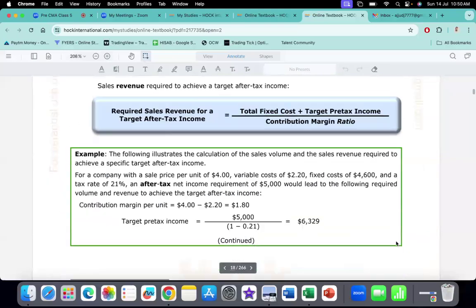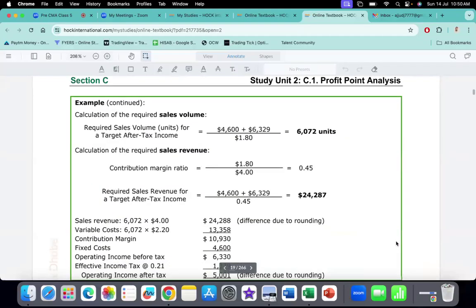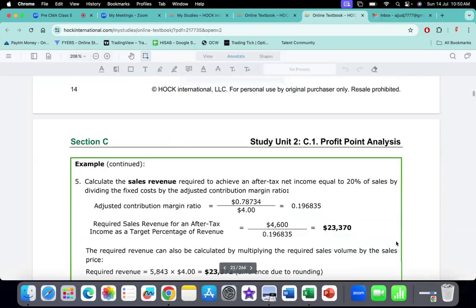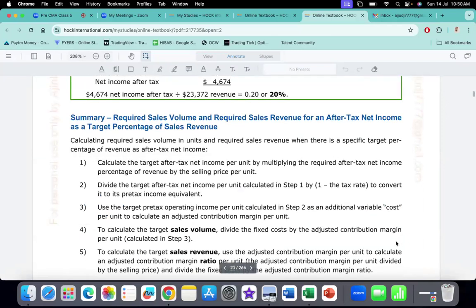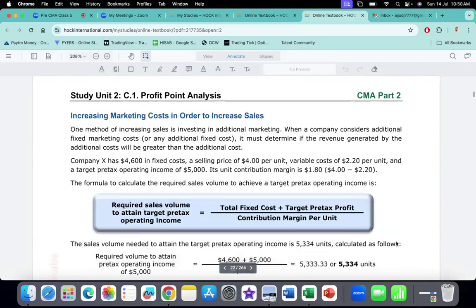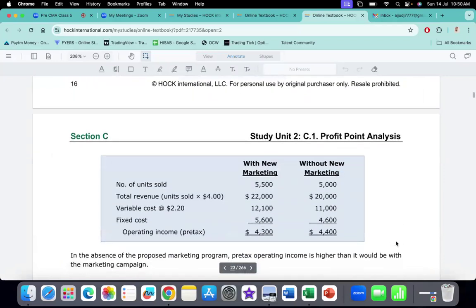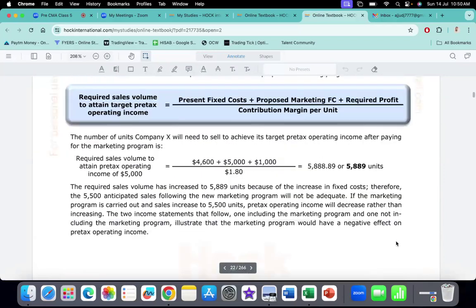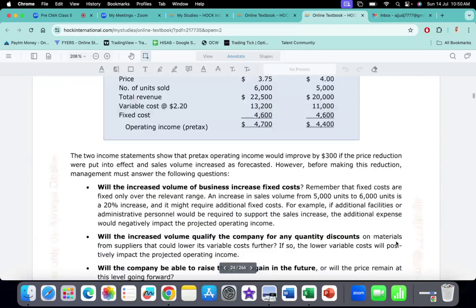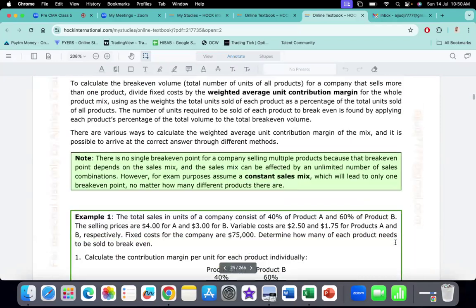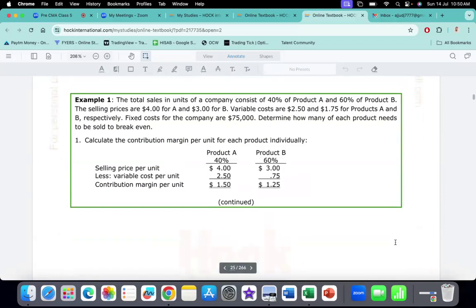Now the most important revision thing which we need to understand is how this activity costing is going to work. What happens when there are more than one product?